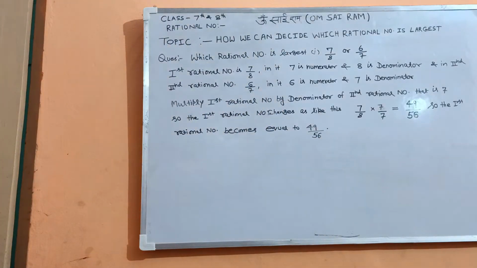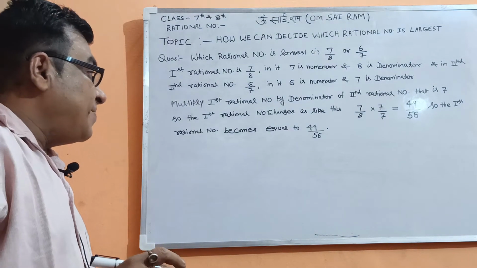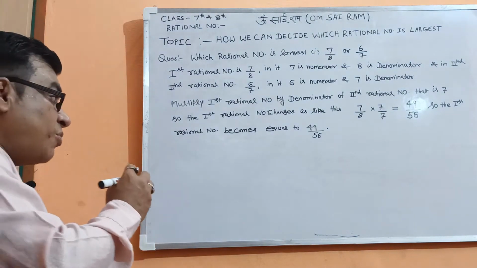Similarly, we have to multiply the second number with the denominator of the first number.